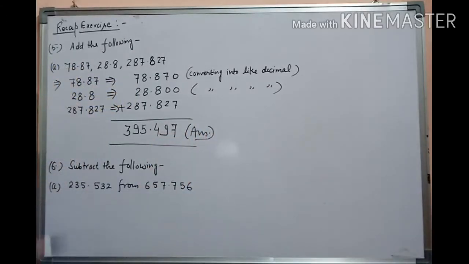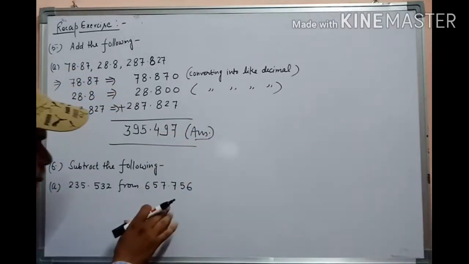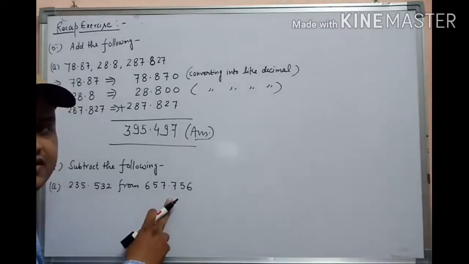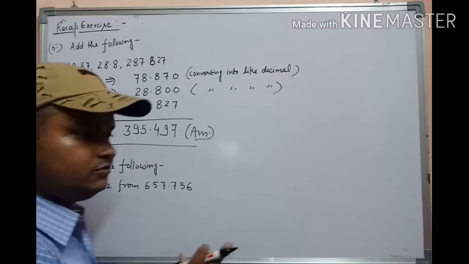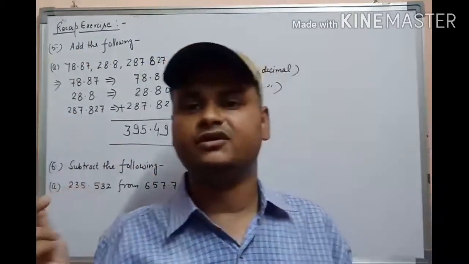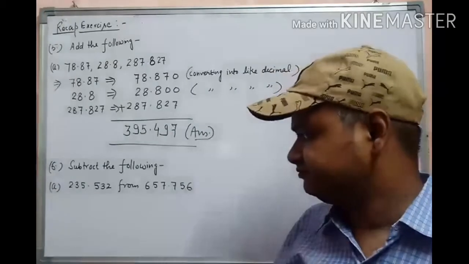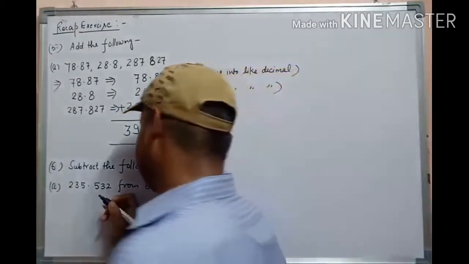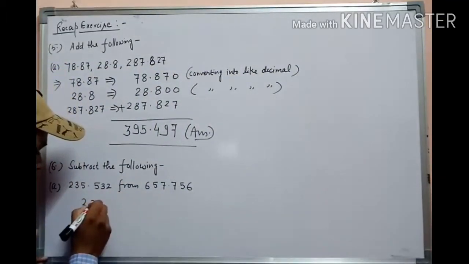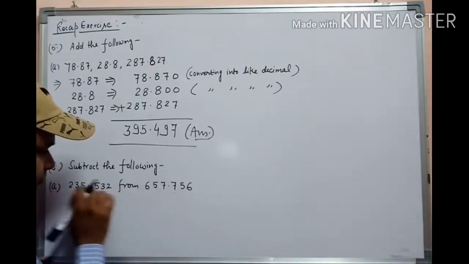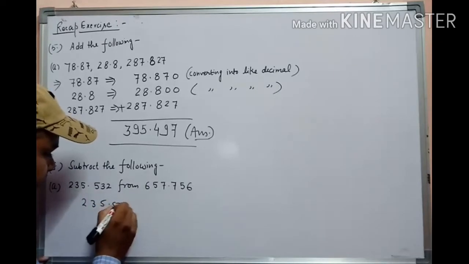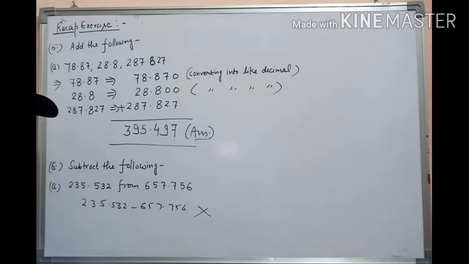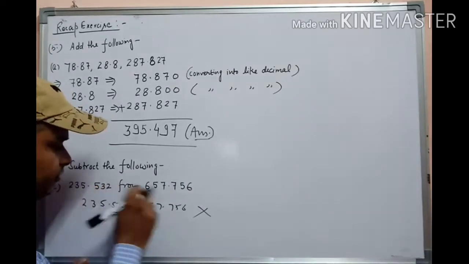Okay. Now students, you have to subtract one decimal number from another. First of all you have to know the Hindi meaning of this statement. Sometimes many students write that the meaning of this is this, which is totally wrong, because you have to subtract this from this.